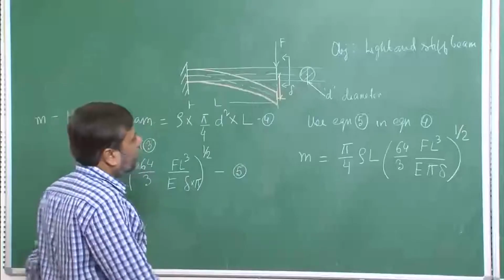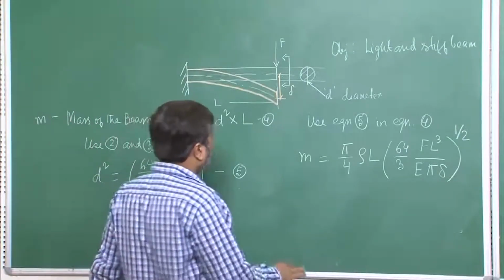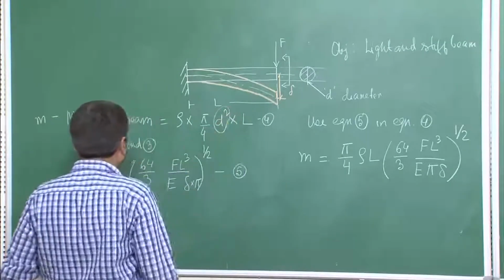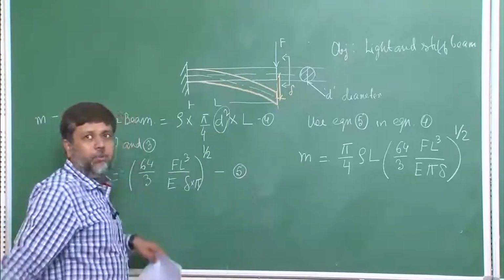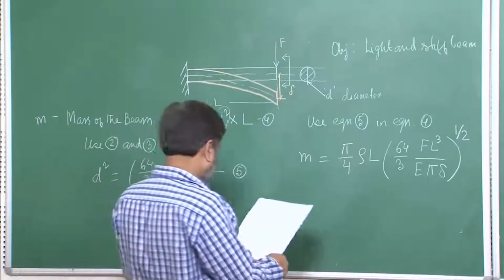That is the mass of the system, that is what we are getting once we substitute the d square term by this expression of equation 5.